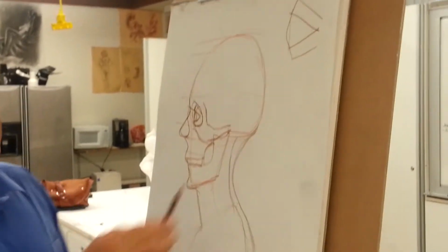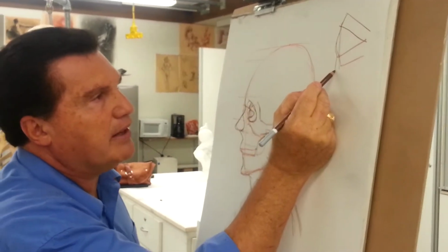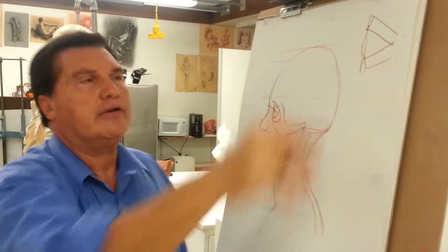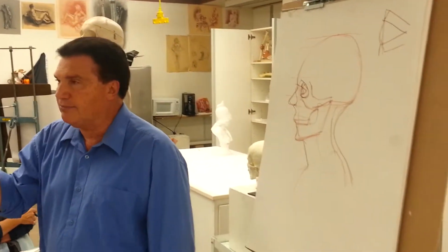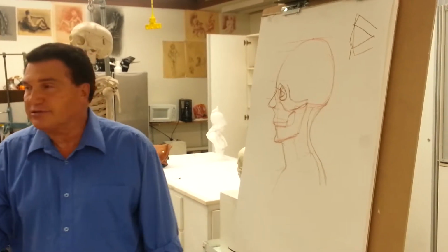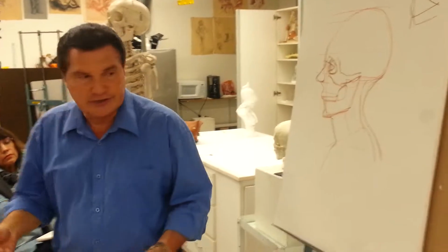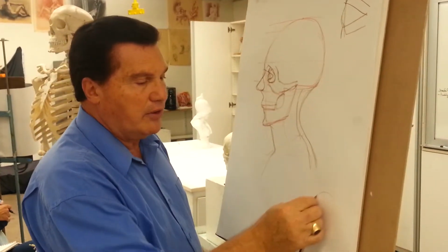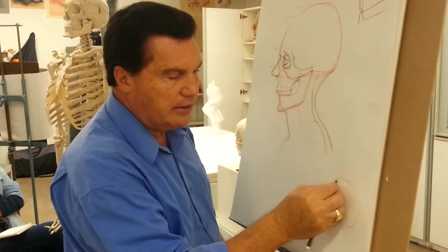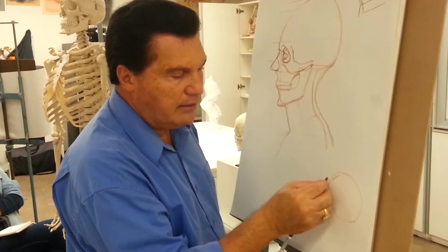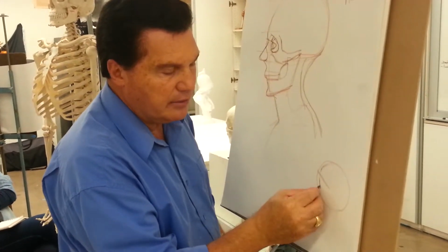Okay? Now, this is still at a slight angle, but what you don't want to do is make this the same, you know, nice and even. First of all, it goes around. The lid goes around the iris. And it's just like an orange, for instance. You know, if you have an orange and you peel it, right, you're going to take away the rind here, see, and then the eye starts here, not there.